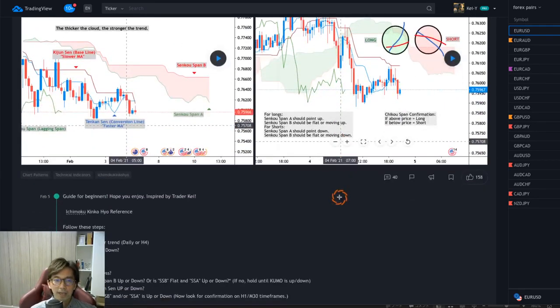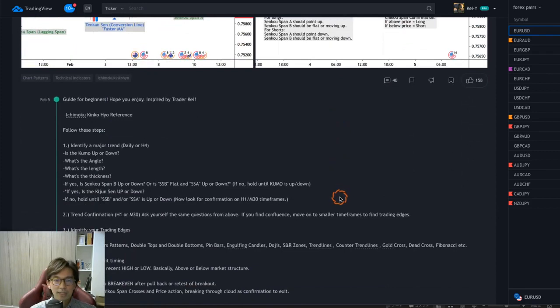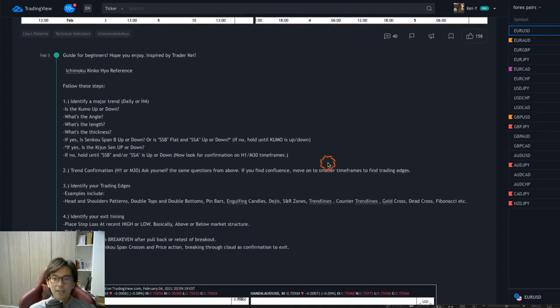So he's got a nice description over here, and I think so far that's the only correction that I would like to mention, so that people won't misunderstand the way to look at these Ichimoku lines to capture whether the market is trending or ranging.